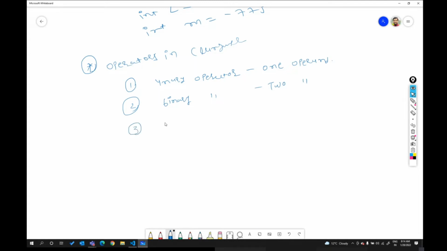And the third one is the ternary operator, so it needs three operands to perform a task.